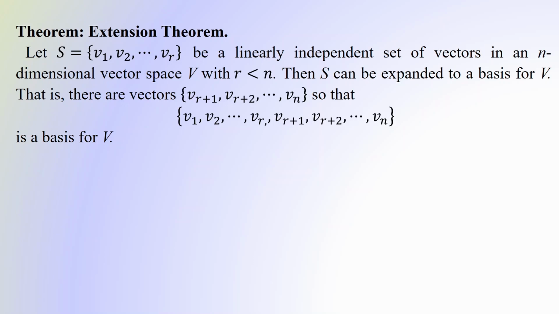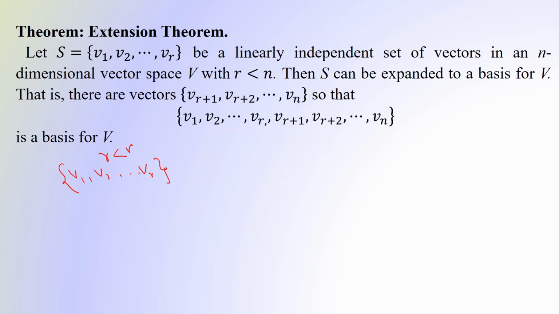Then S can be expanded to a basis for V. That is, there is a set {v_{r+1}, v_{r+2}, ..., vn} such that when you add this set to the original one, S, it will form a basis.